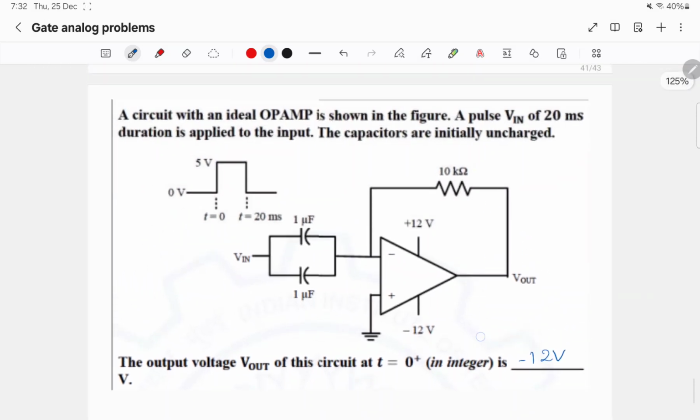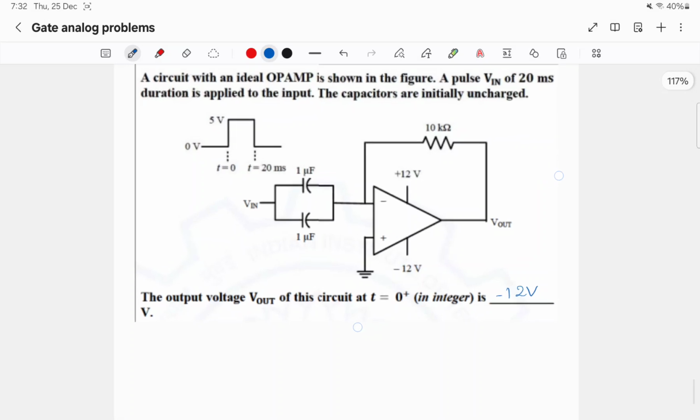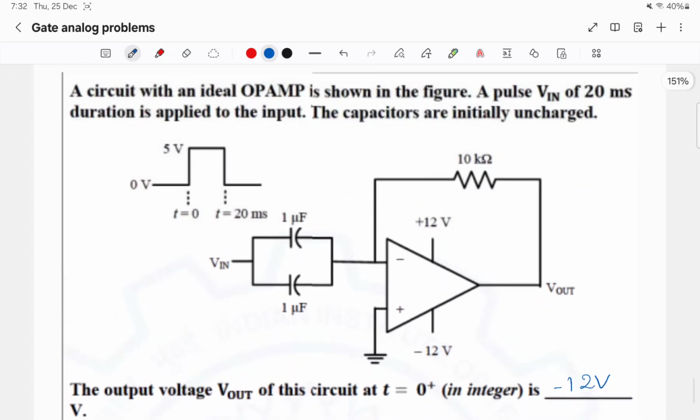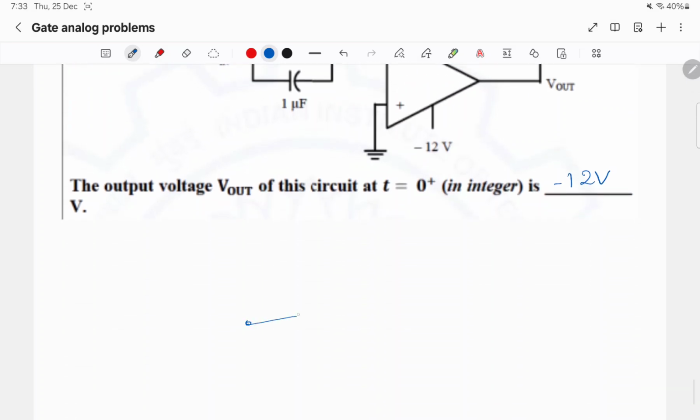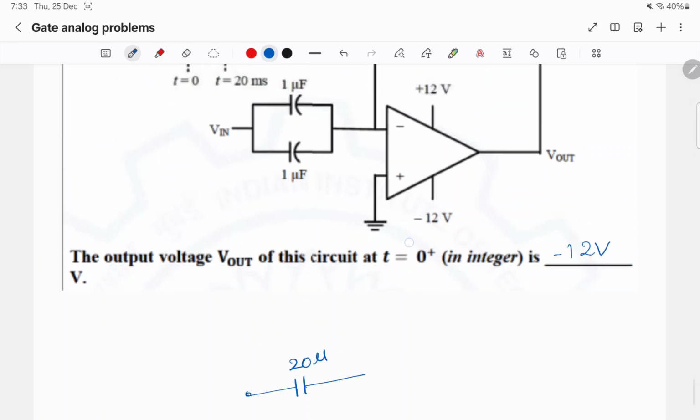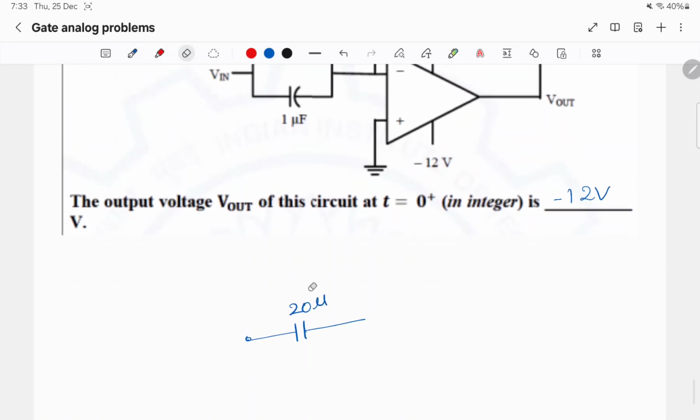On the last question, a pulse wave of 20 millisecond duration is applied. The capacitors are initially uncharged, so I'll replace them with a single capacitance of 2 microfarad.